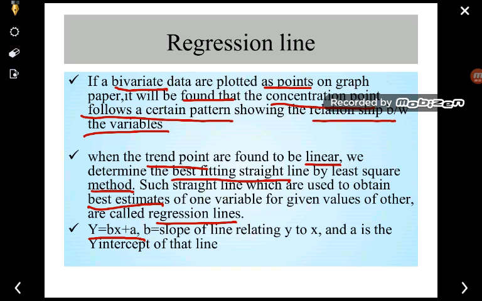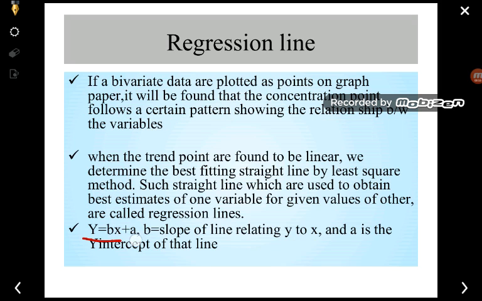Always keep in mind that if two variables are linearly related, then that relation can be expressed as y is equal to bx plus a, where b is the slope of the line relating y to x, and a is the y intercept of that line.